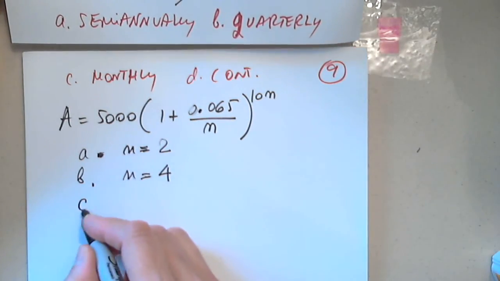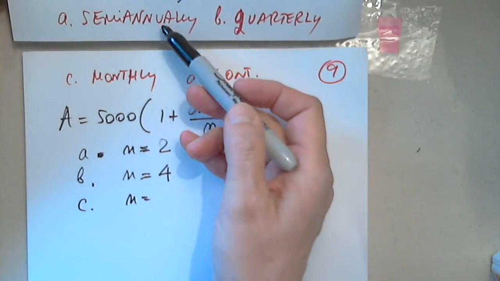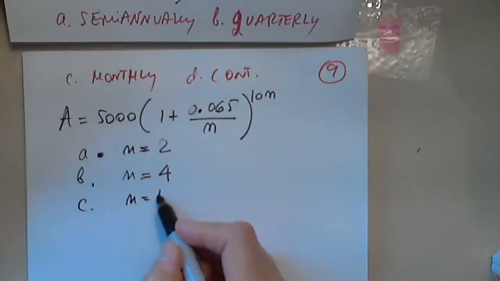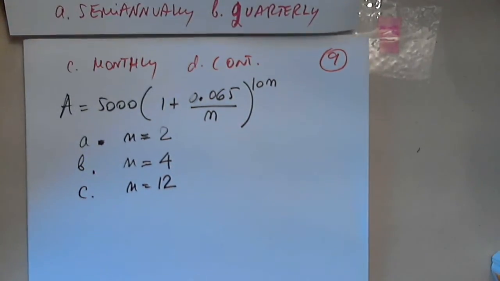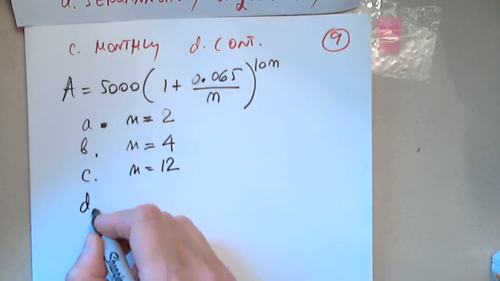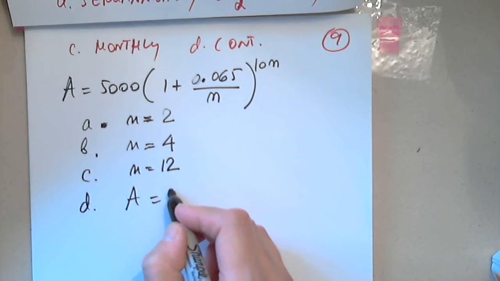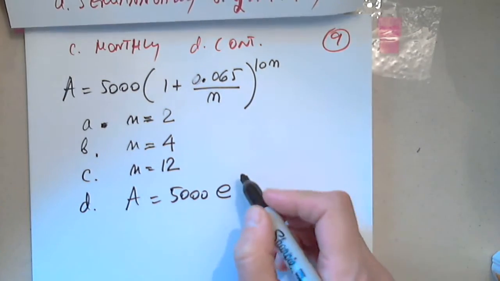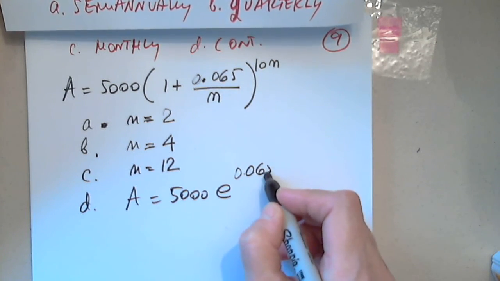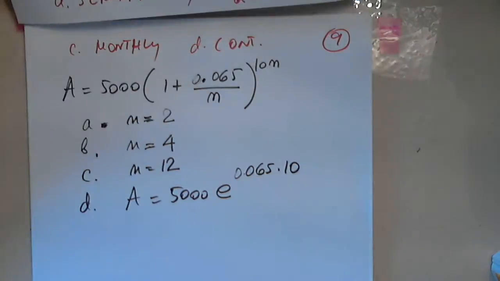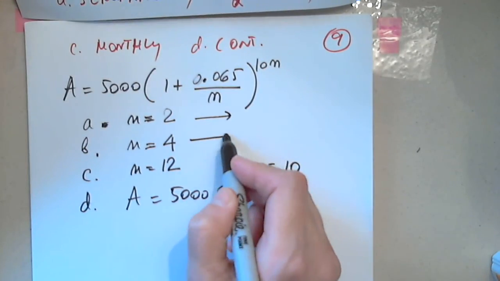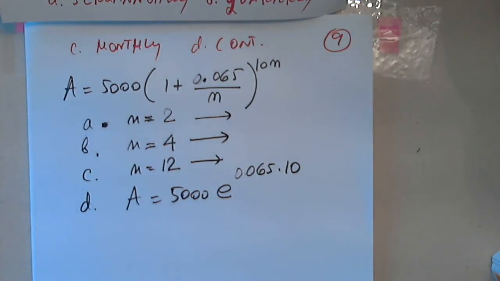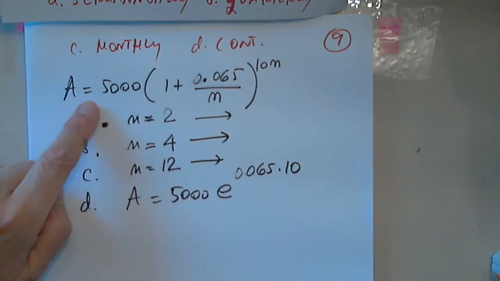For monthly, 12, and for continuous, it's a totally different formula, 5,000 e to 0.065 times 10.